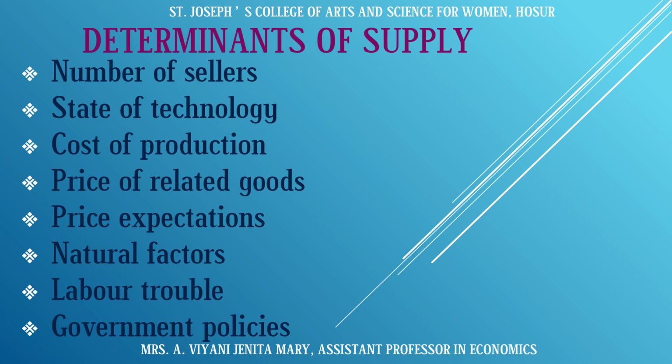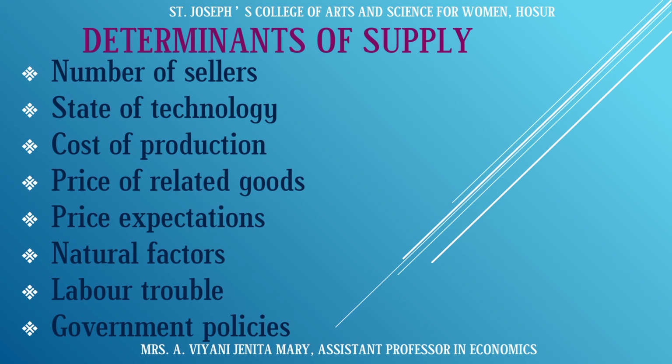Then cost of production. Since most private companies' goal is profit maximization, higher production cost will lower the profit. Thus, it hinders the supply. Factors affecting production cost are input prices, wage rate, government regulations and taxes, etc. Prices of related goods.